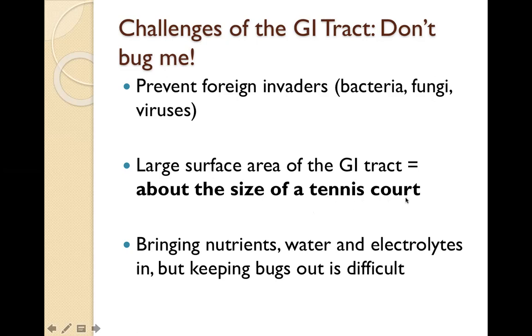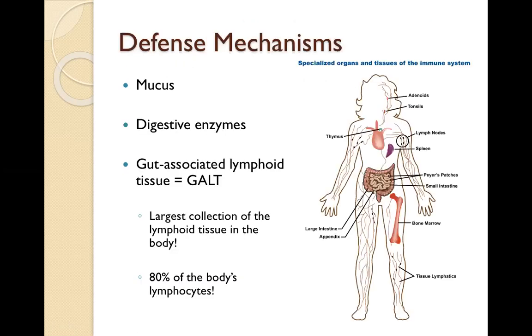So that's a huge surface area for these foreign invaders to get in. And so while we have this huge surface area to bring in nutrients and water and electrolytes, keeping out the bacteria and the fungus and the viruses, or those bugs, is really hard. So we have to have some sort of defense mechanisms to make sure that we don't have bad things come into our body.